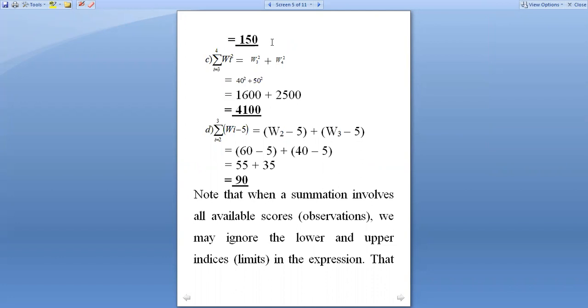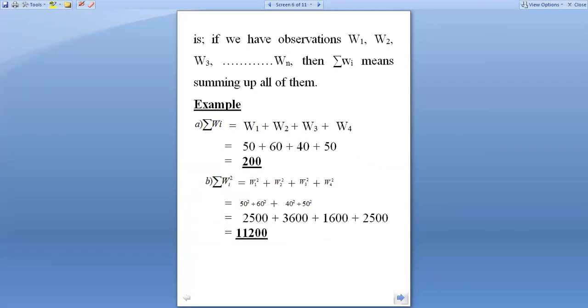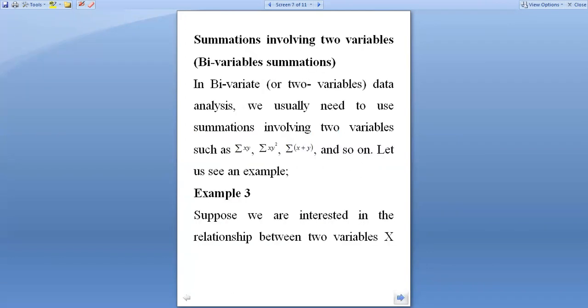If there is no other concern, we can move on to how to deal with summation notations involving two variables. These are called bivariate summation notations.